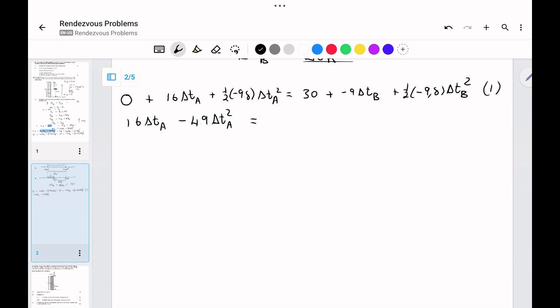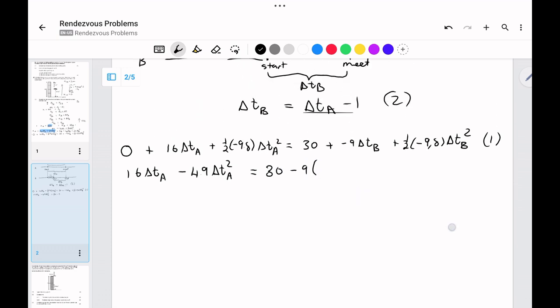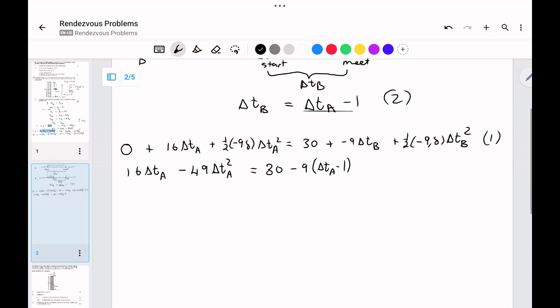That is equal to 30 minus 9 times, now we use the substitution, delta TA minus 1, plus, no, not plus, but again I'll use the simplification, minus 4.9 times delta TA minus 1 in brackets, the whole thing squared. Okay, so now I have an equation just in delta TA, and now if I simplify this equation, maybe I can solve it. So that's what I'll do.